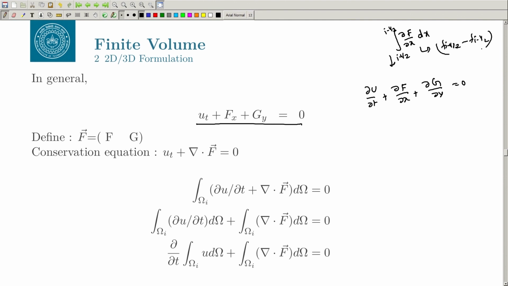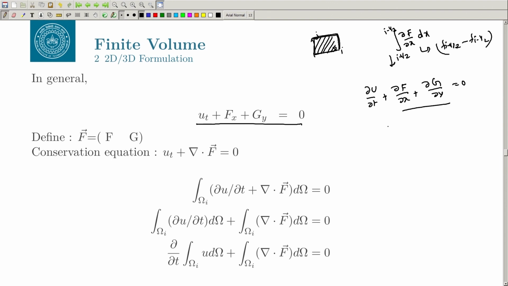But if it is 2D, okay, you have two directions, for example, this is i and this is j. Okay. So, we need to introduce the concept of volume. Instead of distance in each direction i and j, we will rather put a cell volume here. Okay. So, you have the cell which defines the 2D element in this particular case.